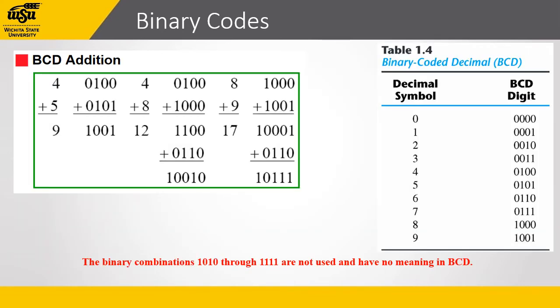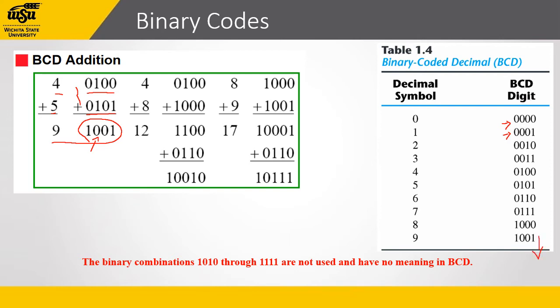Now let's see how BCD addition works. We have 3 examples here. We add 4 and 5, whose BCD equivalent codes are these two, and the result is 9. We need to be really careful that the result of our BCD addition is represented using only these 10 BCD codes.